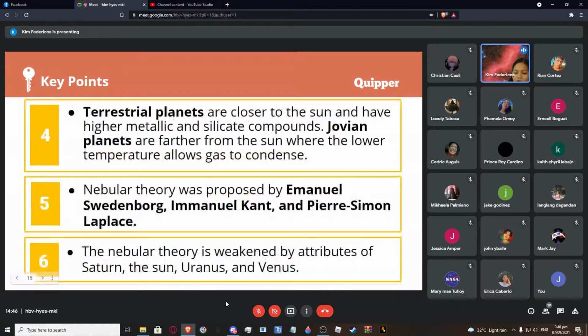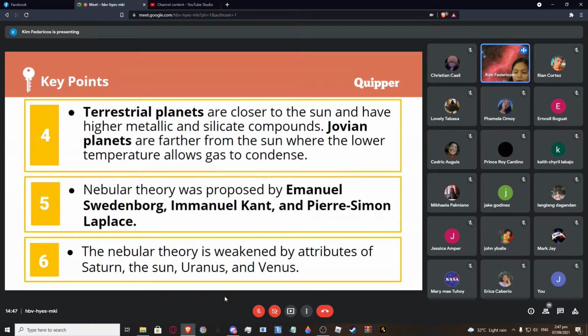So the terrestrial planets or the inner planets, including Mercury, Venus, Earth, and Mars, formed closer to the Sun. In addition, these planets could not grow very huge because their amount of metallic elements is very small, very limited.